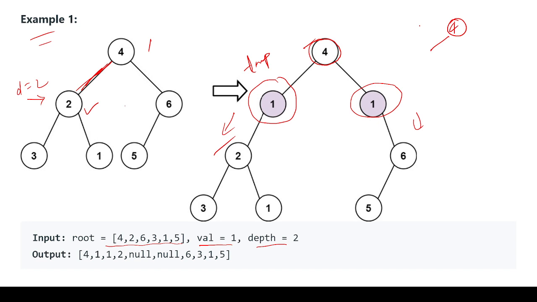So we will do temp.left equal to root.left, and then root.left equal to a new node with val equal to val, and then temp.right equal to null. It's the swap concept. We will do swapping like that.